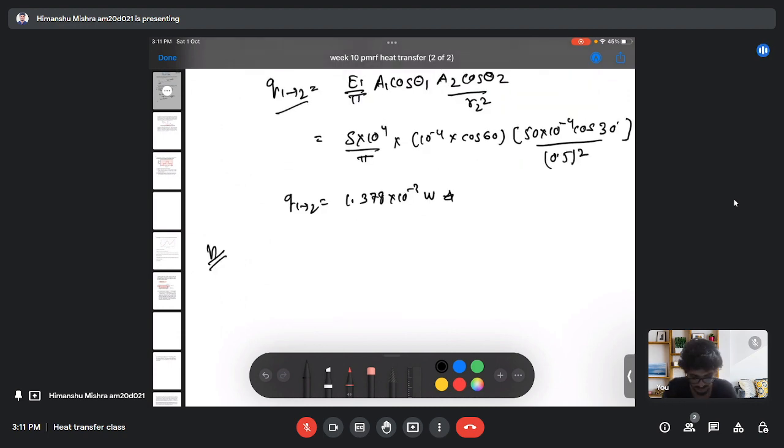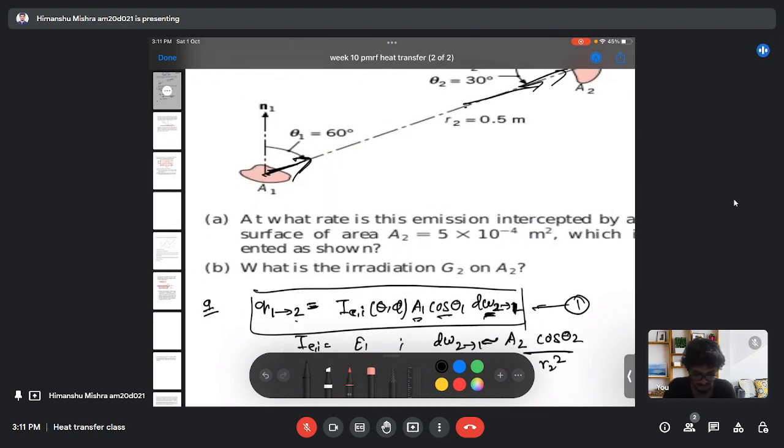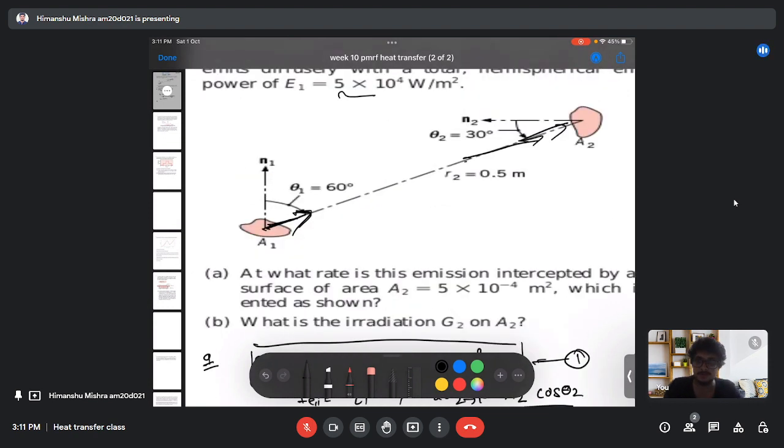Now for part B, we need to calculate the irradiation on A2. Since the radiation is coming from A1, it will be incident on A2, and we know that irradiation is the total incident radiation received by any body. So for the irradiation of A2, whatever radiation is received by body A2, we need to calculate that.